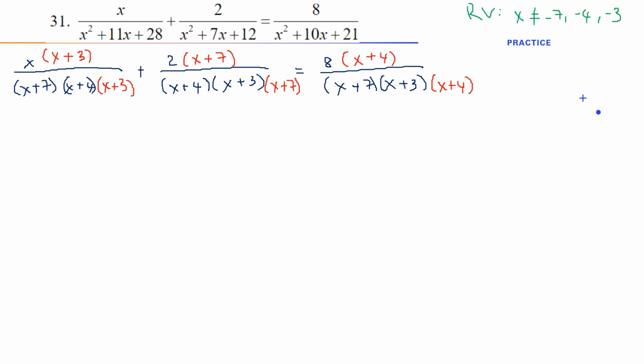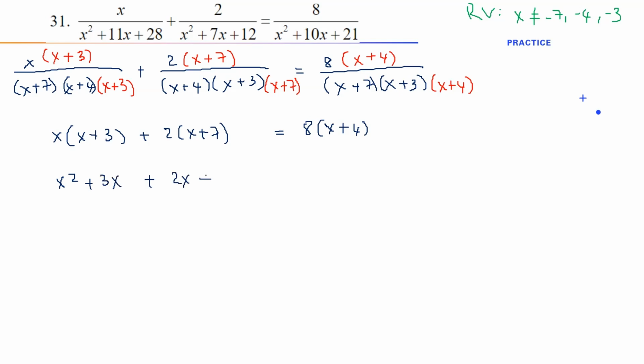Now, the top on the left hand side equal the top on the right hand side, rewrite. Now distribute x squared plus 3x plus 2x plus 14 equals ax plus 32.